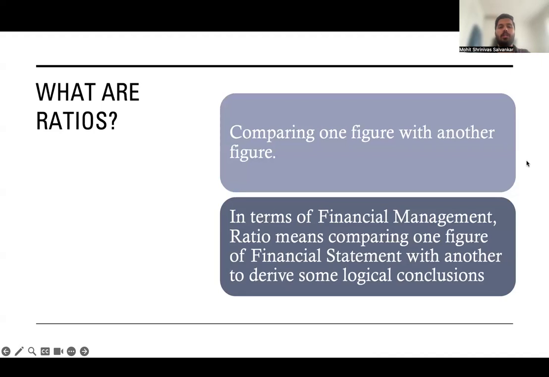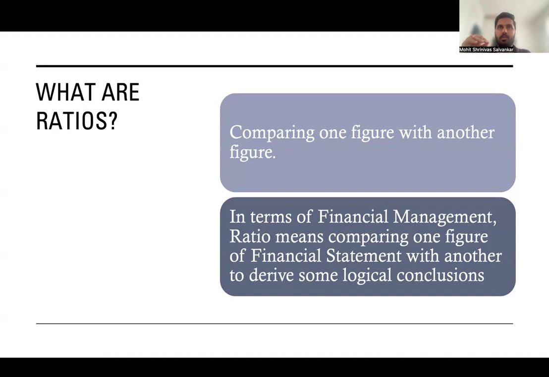So what is ratio? What are ratios basically? When we say ratios, it's nothing but comparison of one figure compared to another figure within the financial statements. It does not have any specific standards like in IFRS, where there is a specific standard which says this is the particular way in which certain things are to be reported.